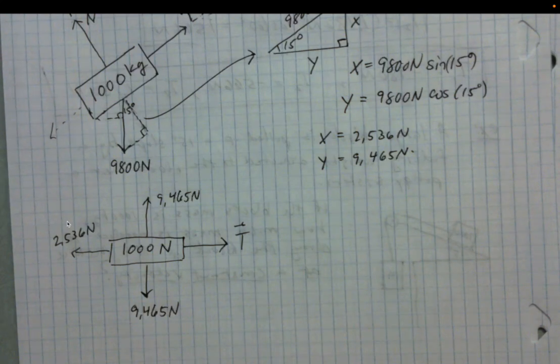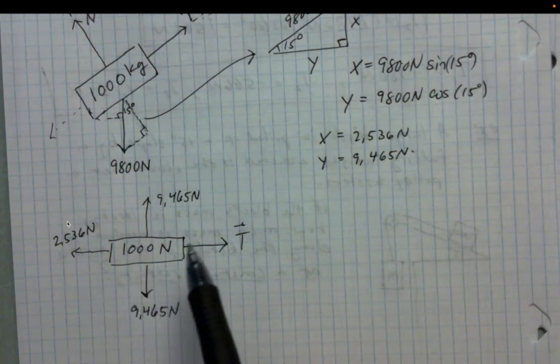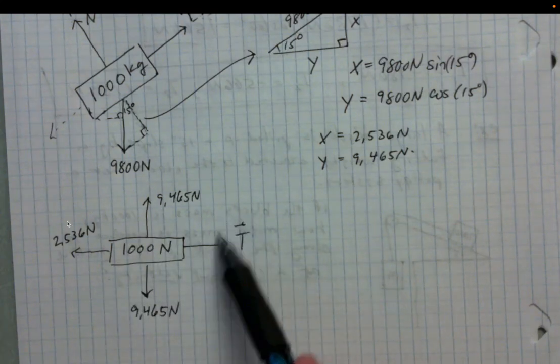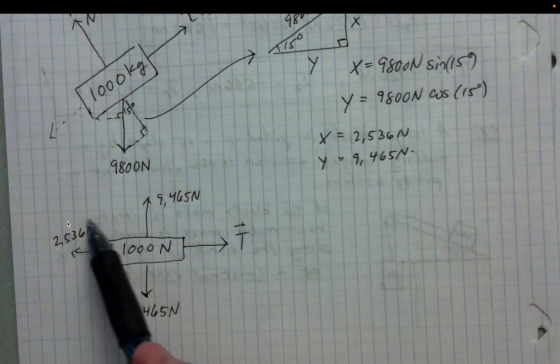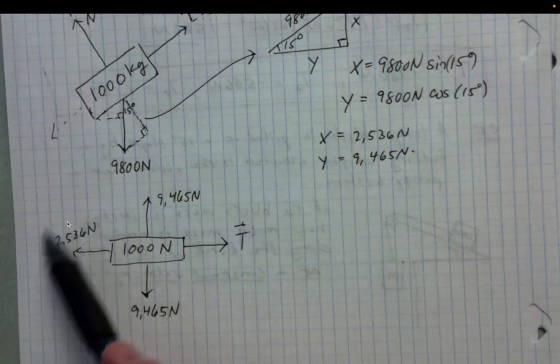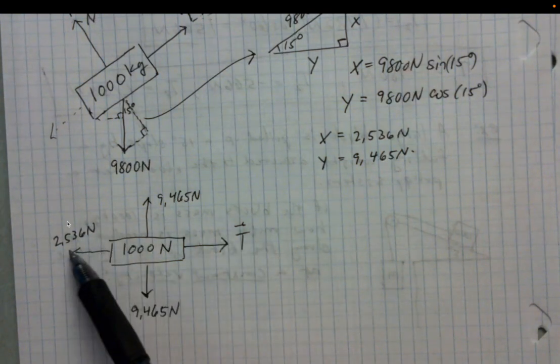And so if we draw it like this, it's kind of obvious what has to be done. In order for the block to be in equilibrium, i.e. not accelerating, the tension force pulling on the block must be equal to this force here. This is the only force pulling the block in the opposite direction. This is pulling one way, this is pulling it the other way.